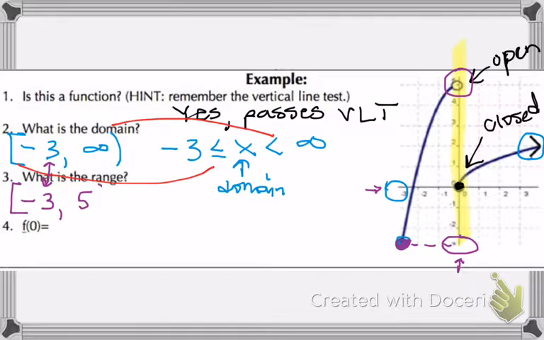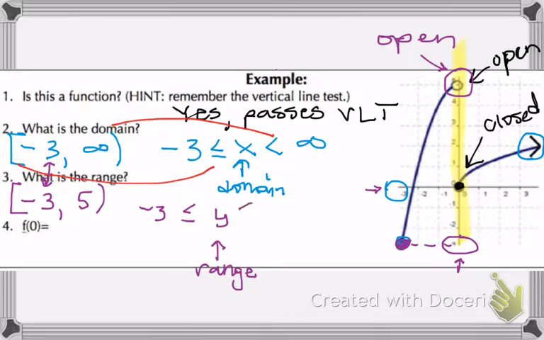Now, the 5 is going to have a parenthesis on it because it is an open circle, not because it's an arrow like in the domain, but because it's an open circle. So now this would correlate to -3 less than or equal to y, because y is the range values, and then less than 5 because of the open circle.